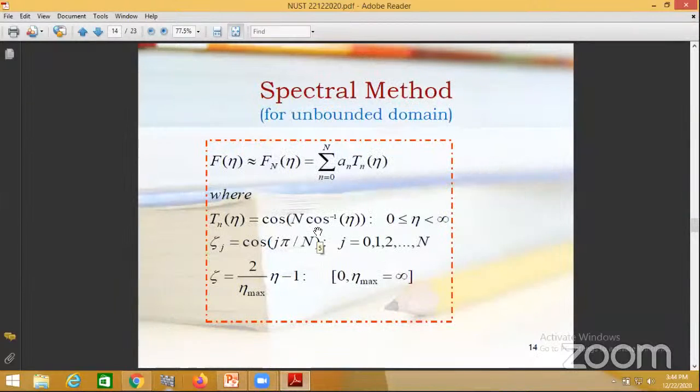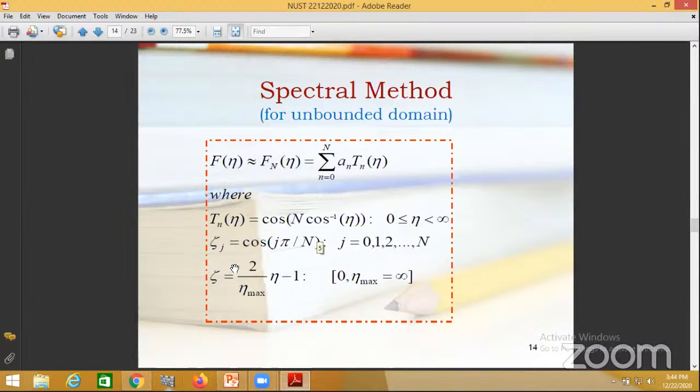But most of the problems in boundary layer flow actually have an infinite domain. The problem is that the spectral method works on the domain between -1 and 1. To tackle those boundary layer problems, we need to reduce the boundary value problem to a finite domain.